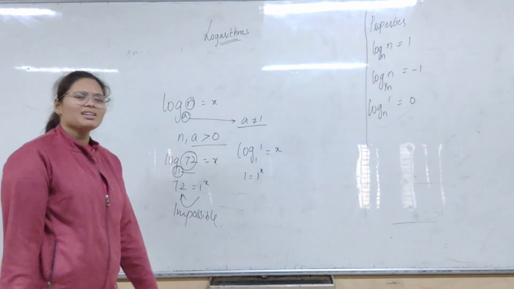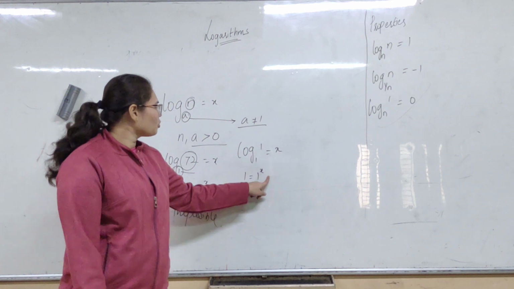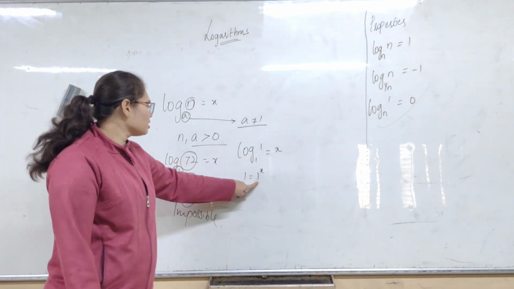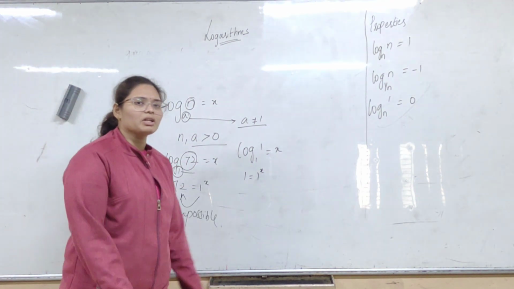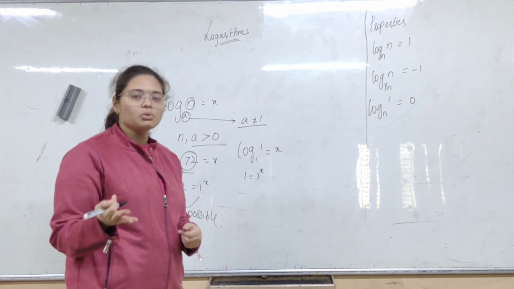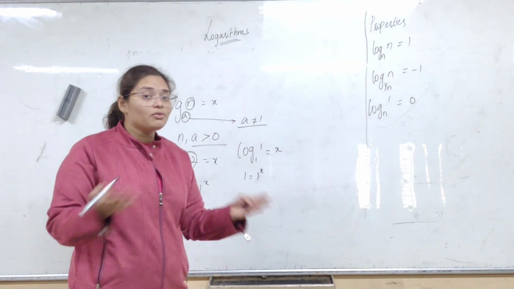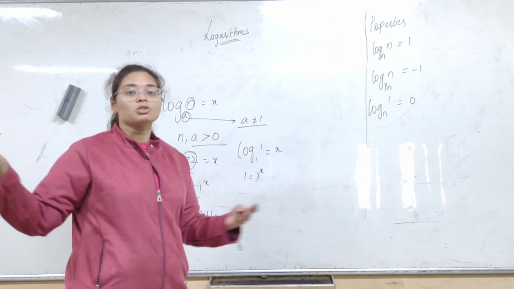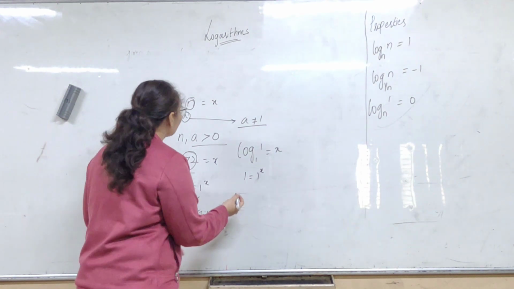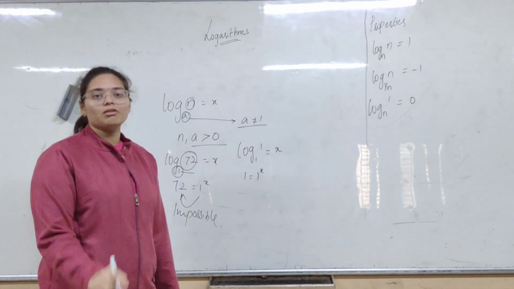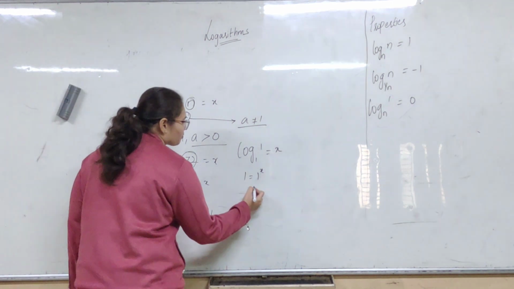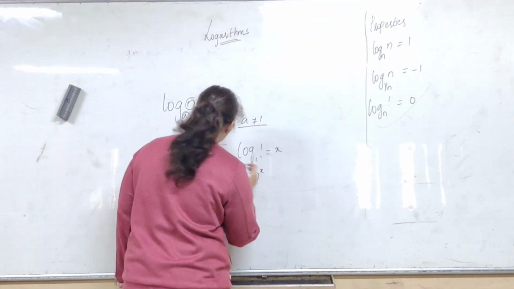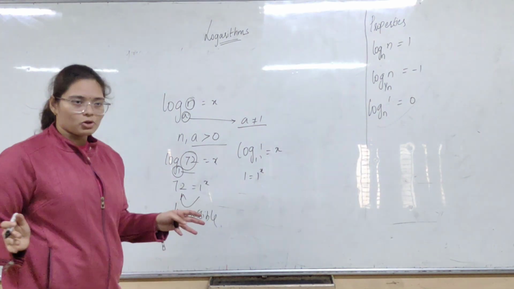So what should be the value of x such that this equation holds? It can be 2, 3, 4, 5, 6, 7. Infinite numbers are there. Minus 1, minus 2, infinite numbers are there. But we need to get a single value. Right? So log to the base 1 in any case is not possible.